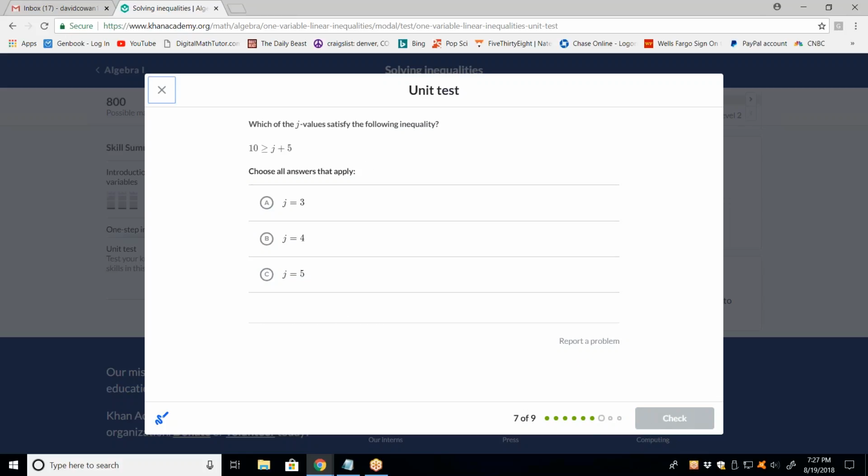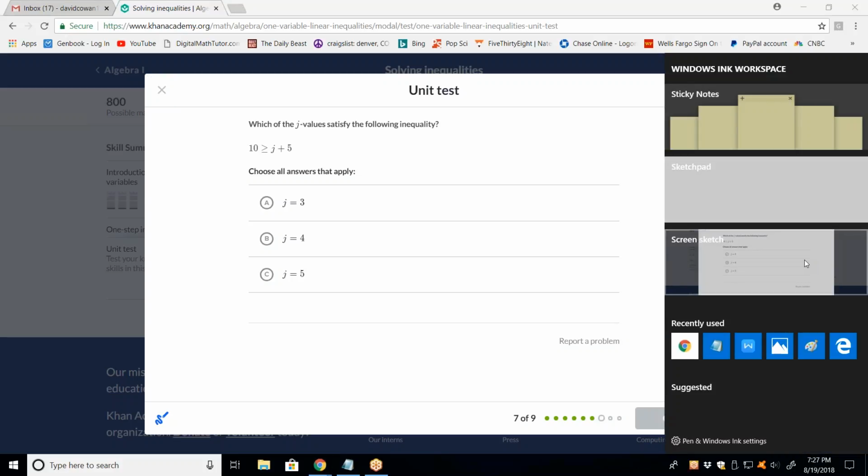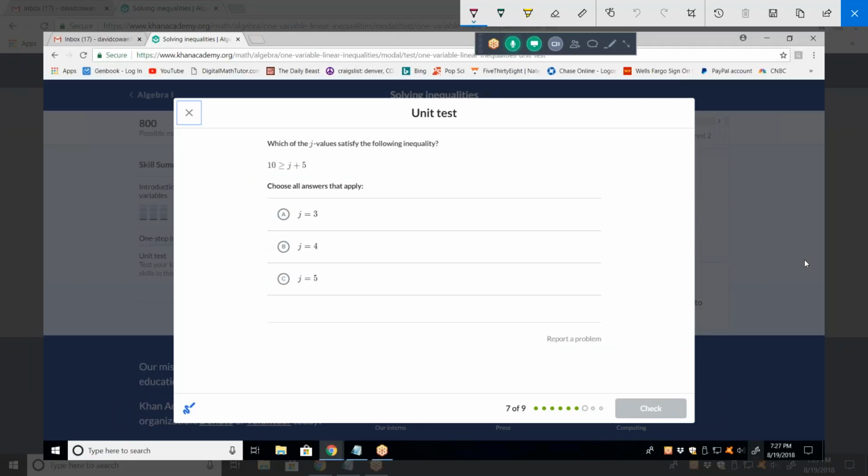Okay, again, let's solve the inequality. That's always the easiest first step on these. Okay, so 5 is greater than or equal to j. Now, on inequalities, this tends to confuse people when the variable is on the other side.